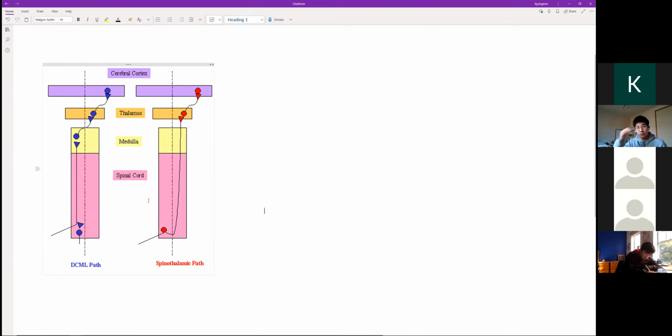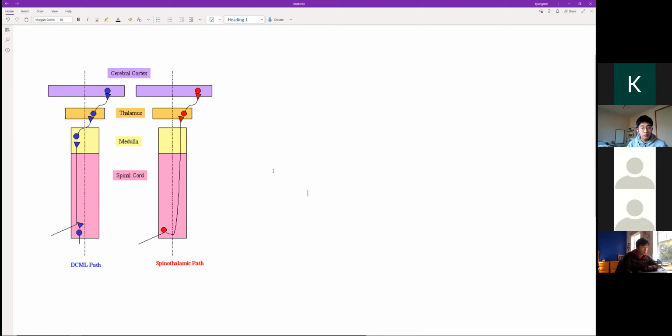So you'll basically only ever get one type of question on this topic. Let's say you have some kind of lesion or injury to the left or right spinothalamic tract or the left or right DCML pathway. For example, if you have a lesion of the spinothalamic pathway up here, what sensation will you lose?